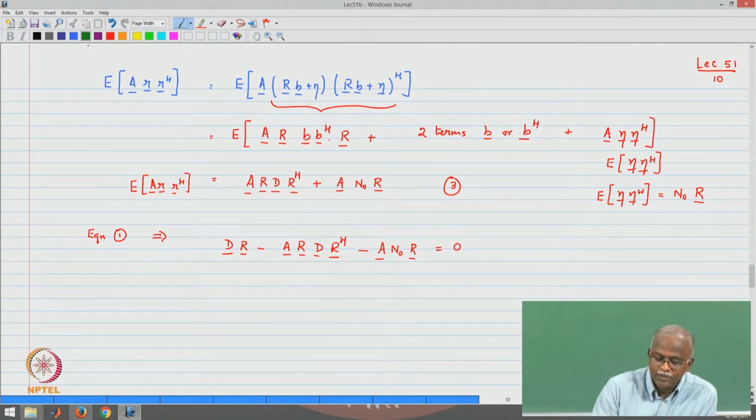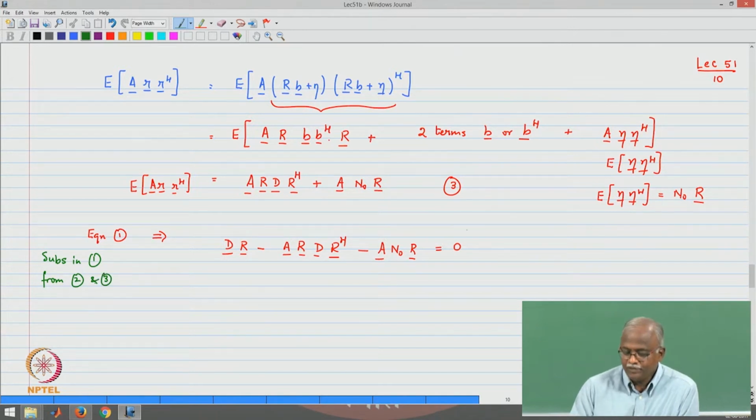We are basically substituting in equation 1 from 2 and 3. That is our basic operation, which is what gives us this expression.